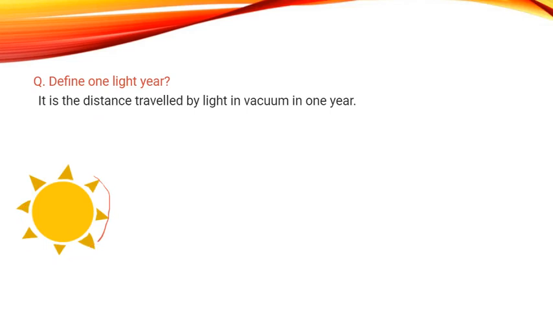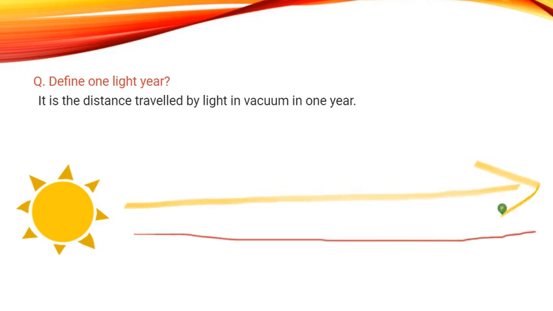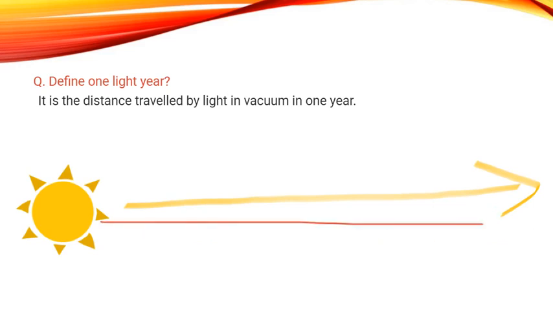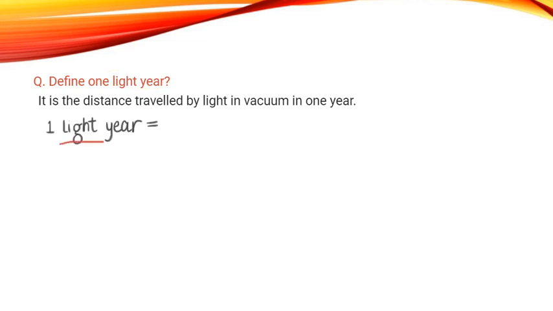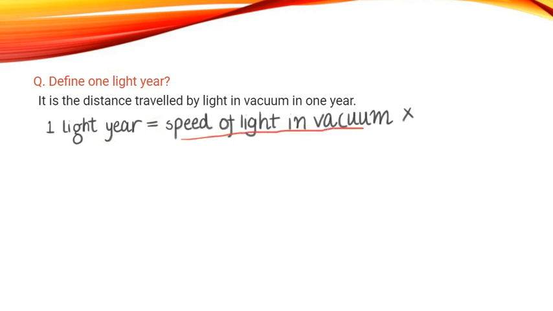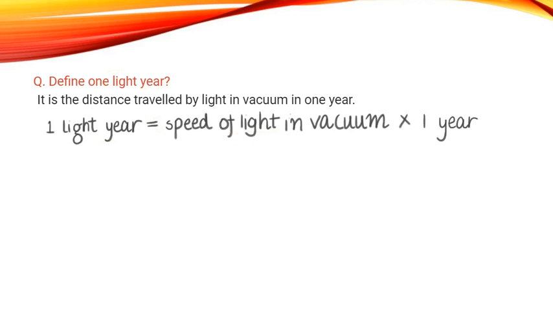This sun is producing light which is moving in the forward direction. The distance traveled by this light in 1 year is known as 1 light year. So I can say 1 light year equals the speed of light in vacuum times 1 year.